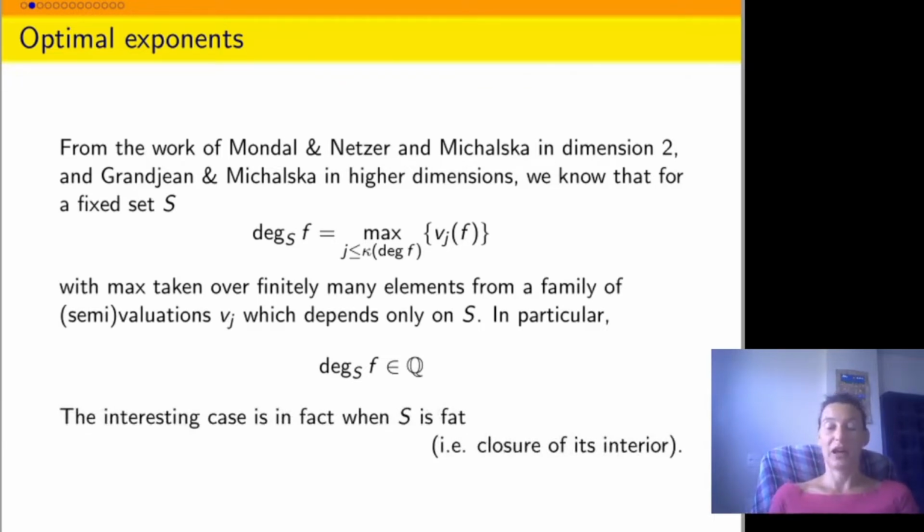The interesting case that we want to study is when S has non-empty interior. In fact, when S is fat, so it's the closure of its interior, because any piece which is lower dimensional we can treat as a subset with non-empty interior of an algebraic variety, and so we reduce the problem to a fat set again.